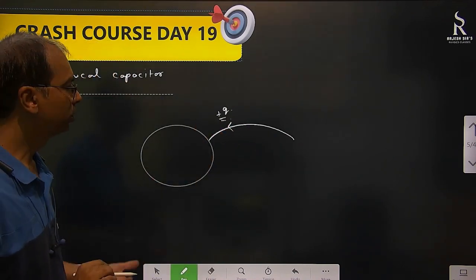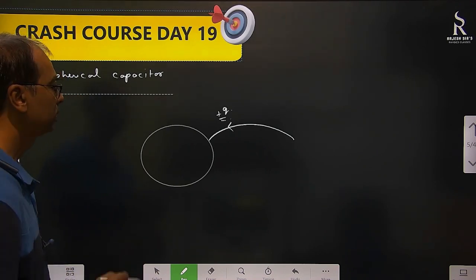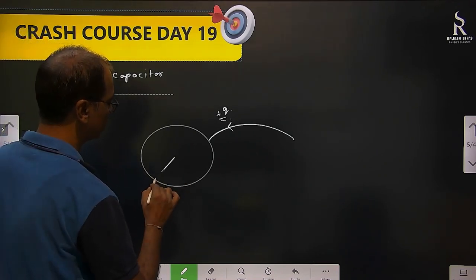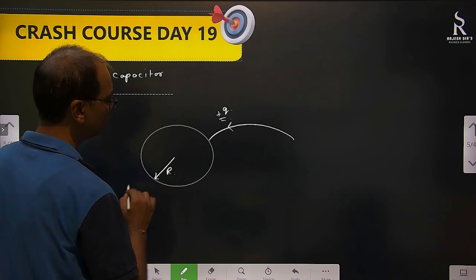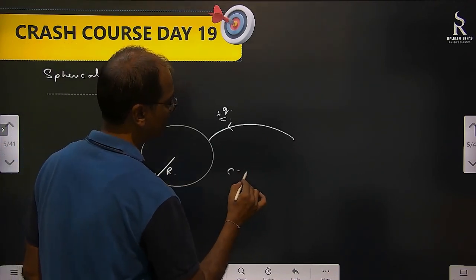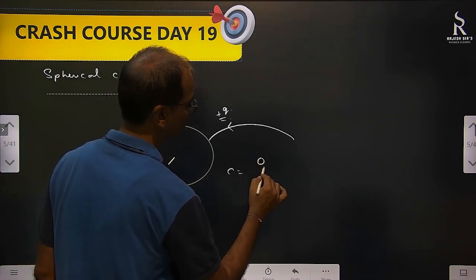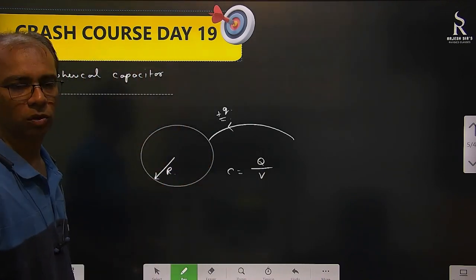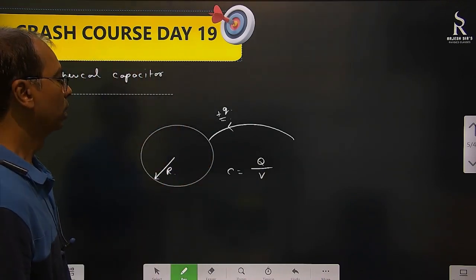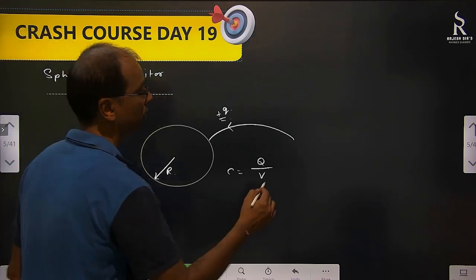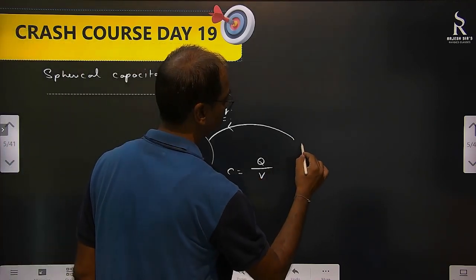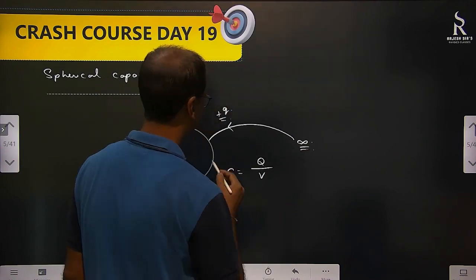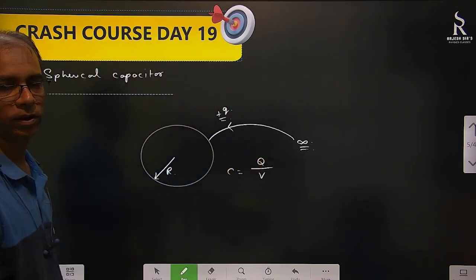So if potential is going to increase, that means it can store energy. So C is what? C is Q by delta V or Q by V here because this is a single capacitor. So no delta V. Or delta V also, if you are writing, then you have to write this as infinity. Then we can say potential on this minus potential at infinity is delta V.